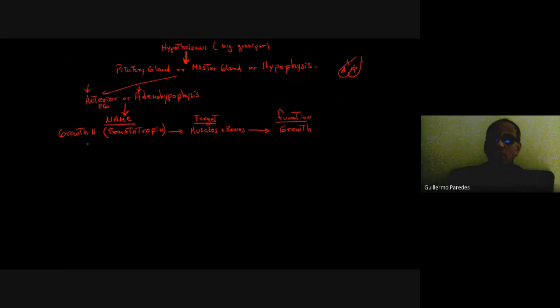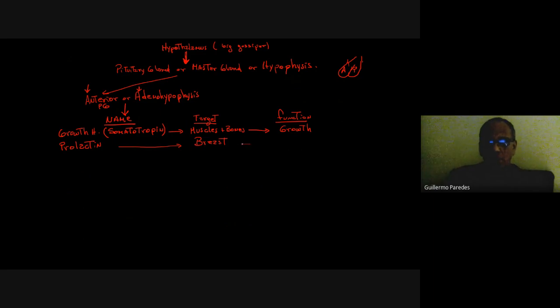Another hormone that we need to remember is the prolactin. Try to memorize right now on the spot. The prolactin has a target organ, the breast. And what is the prolactin going to do in the breast?